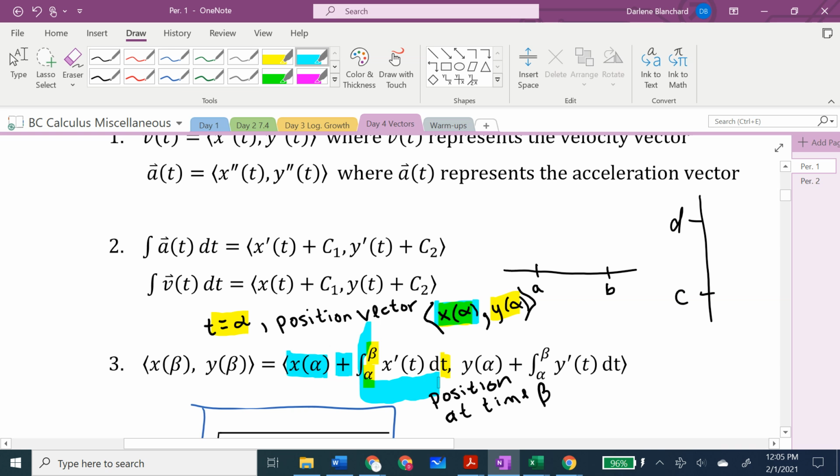And that's what this integral is: it is your horizontal displacement from time alpha to time beta.